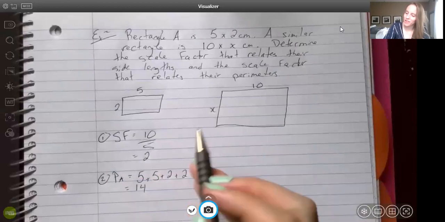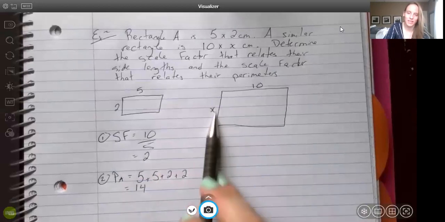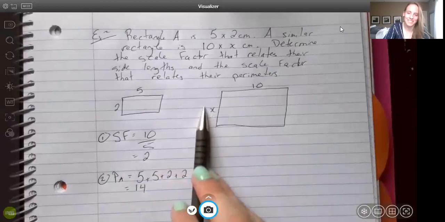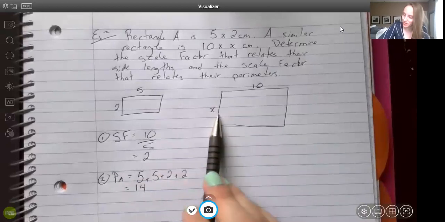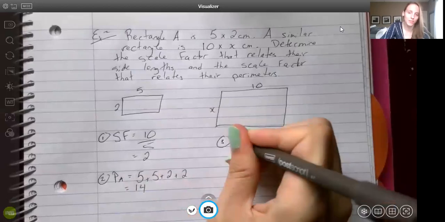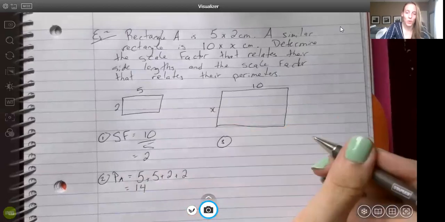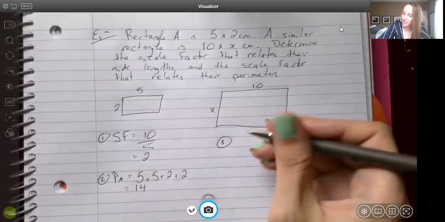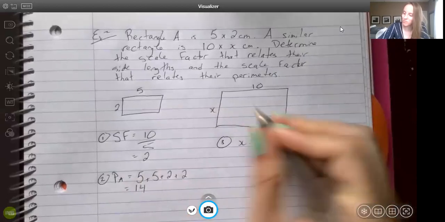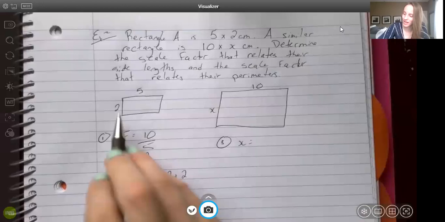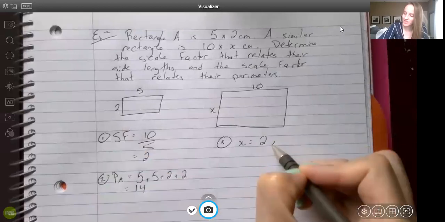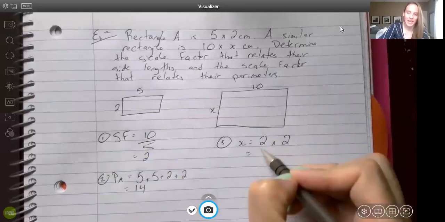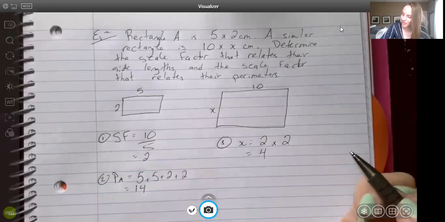And then before we can find the perimeter of our other shape, we need to figure out what this missing side is. So to figure out what that missing side is, we can either cross multiply and divide, or because we already have the scale factor, it's probably just going to be easier to multiply our corresponding side of 2 by the scale factor of 2 and get 4.